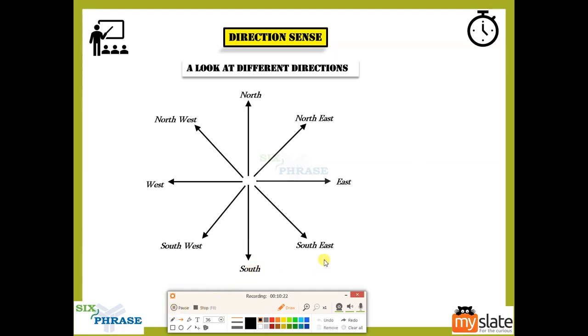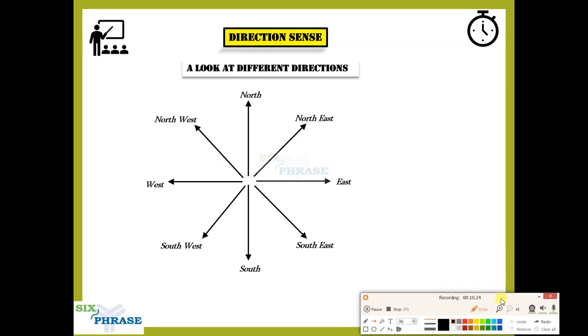Let's try to understand the angles here, guys. Most of you would already be familiar with this, but still I want to make sure that you know what the angle here is. Now the angle here will be this angle, guys. So let's take it, right? This angle here, guys, you all know, it is 45.